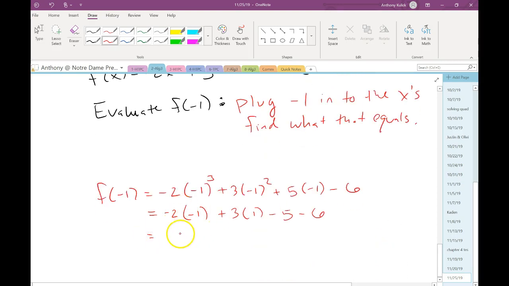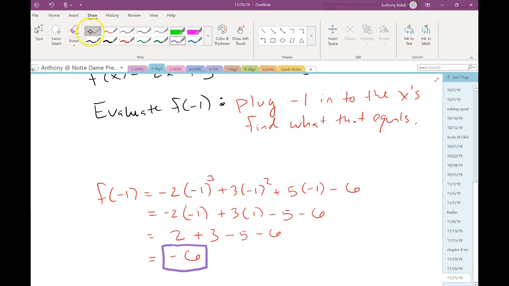And then negative 2 times negative 1 is 2. 3 times 1 is 3. And when I combine all those like terms, what I get is 6. So our answer, we would say f of negative 1 is equal to negative 6.